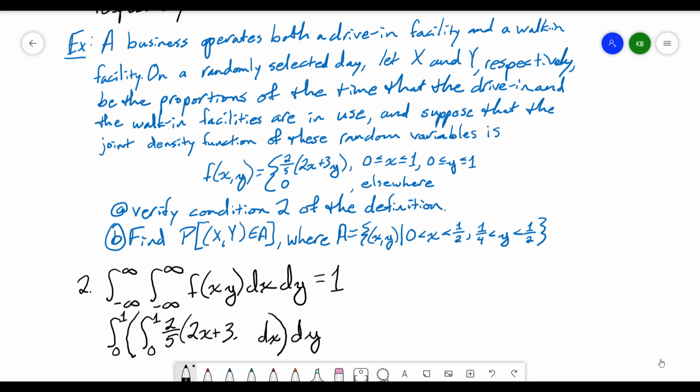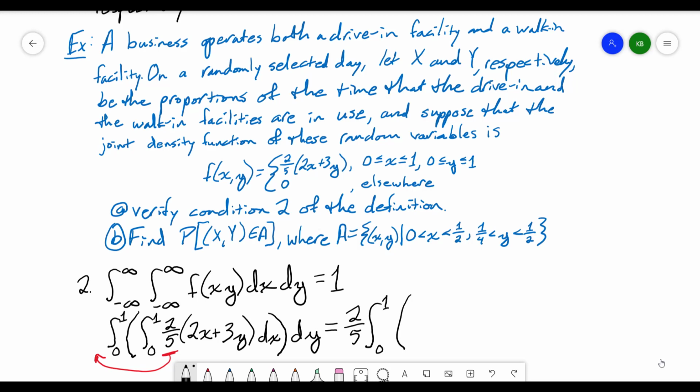And I'm going to be using that piece of the piecewise function that was not 0, so the 2/5 times 2x plus 3y part. So to evaluate this, the first thing that I would do personally is I would say there's a constant there, and I can pull constants all the way out front. So I can actually move that 2/5 out in front of an integral and then out in front of an integral again. So all of this is 2/5 times the integral from 0 to 1.